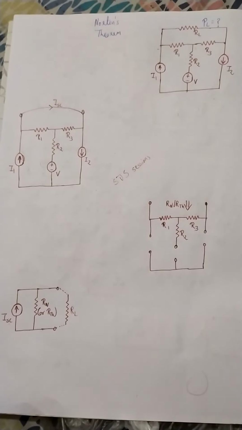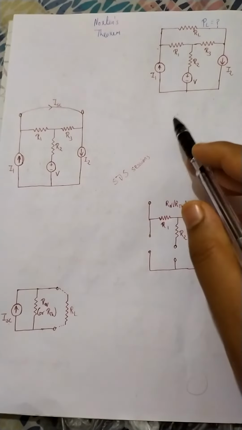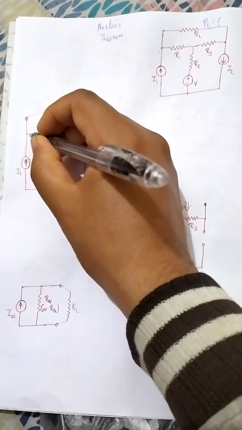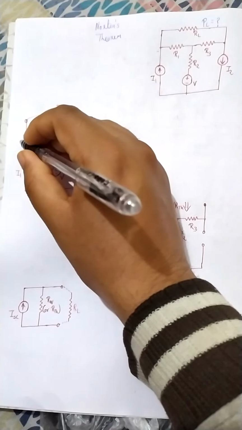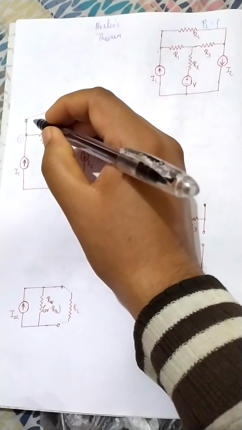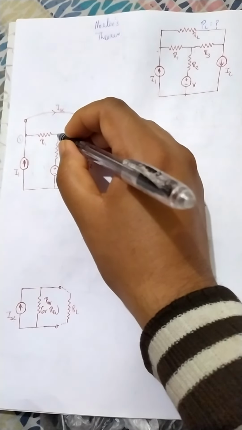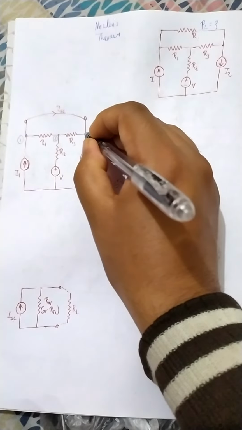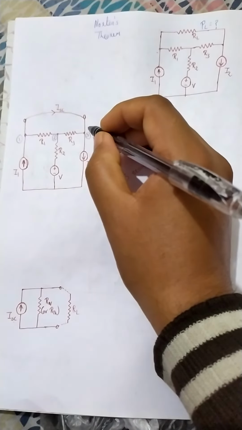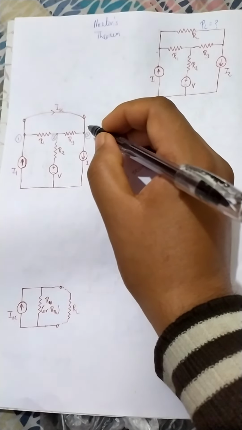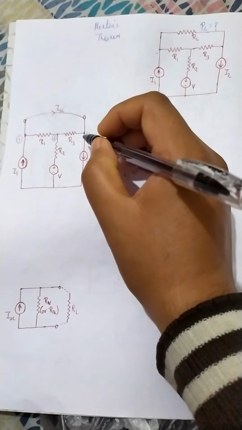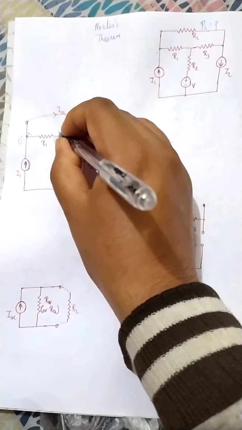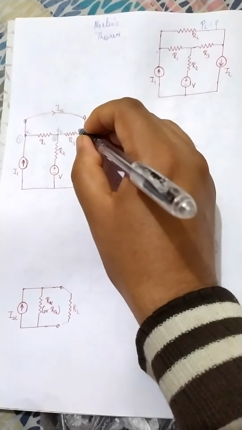Now, we have this circuit, and we are short circuiting the terminal. Let us suppose this is node 1, this is node 2, this is node 3, and we have node voltages V1, V2 and V3.